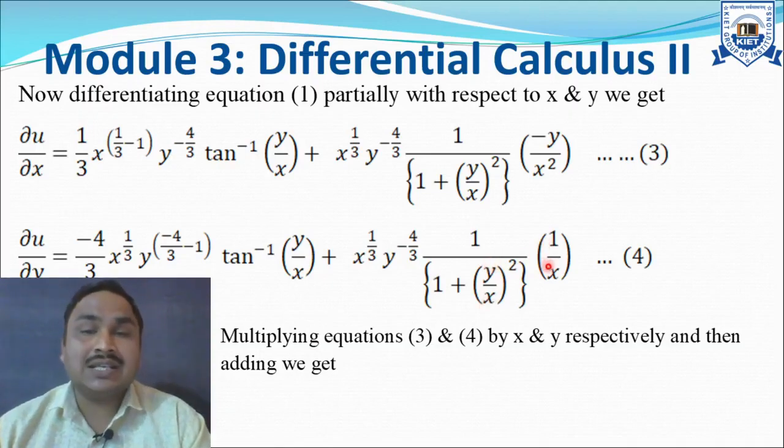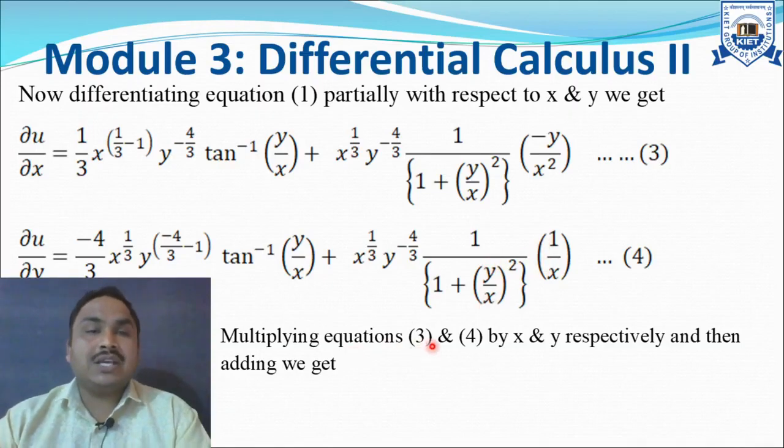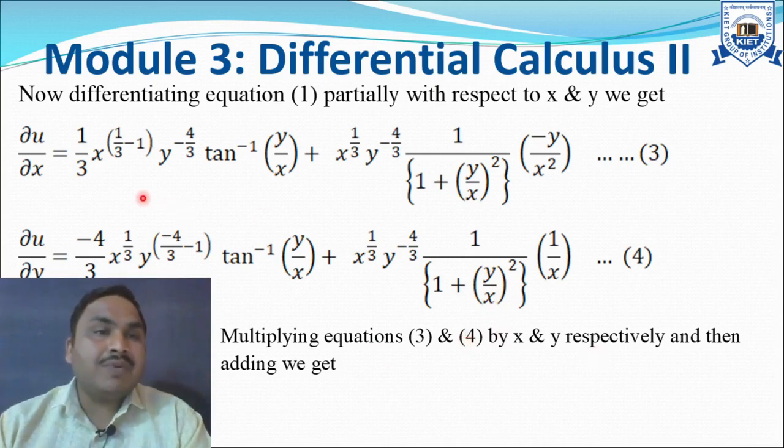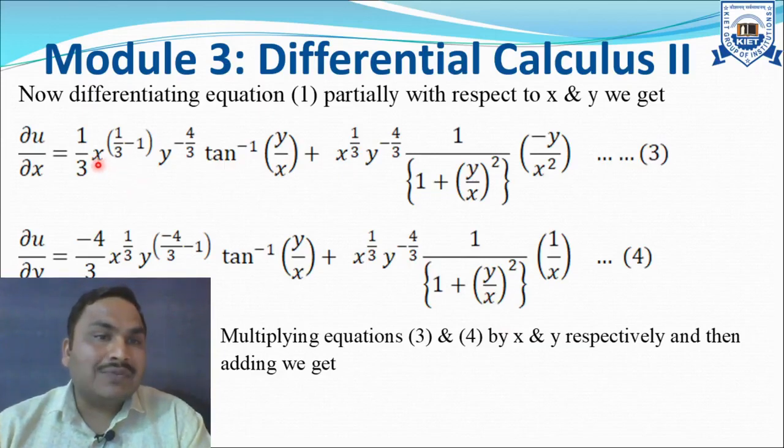X will be treated as constant. Now multiplying equation 3 by x, and equation 4 by y, and then adding. If we multiply this equation by x, in the first term the power of x will be 1 by 3.